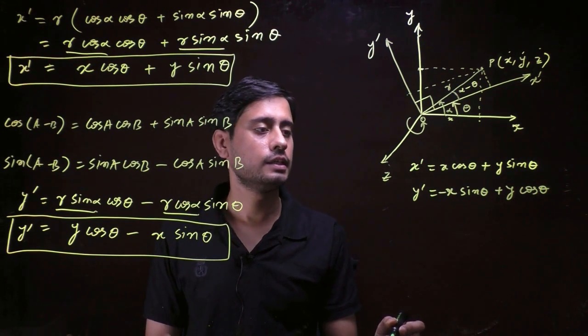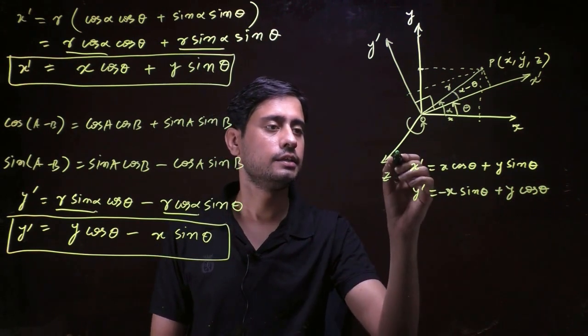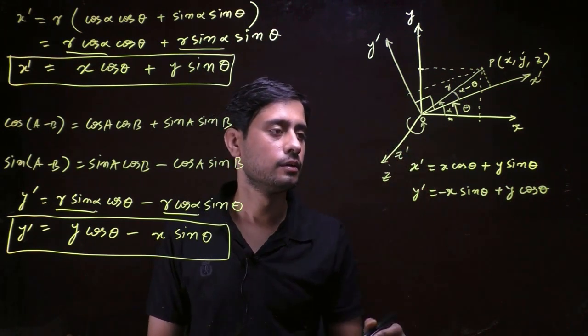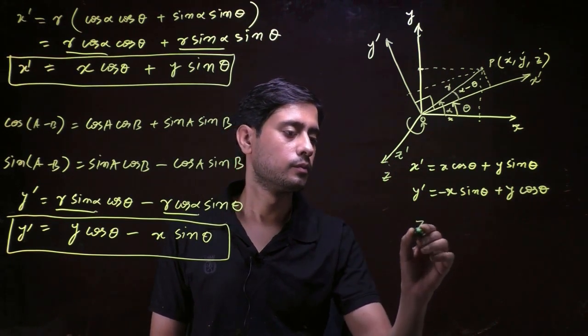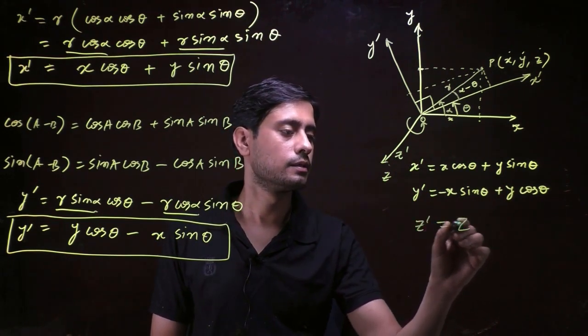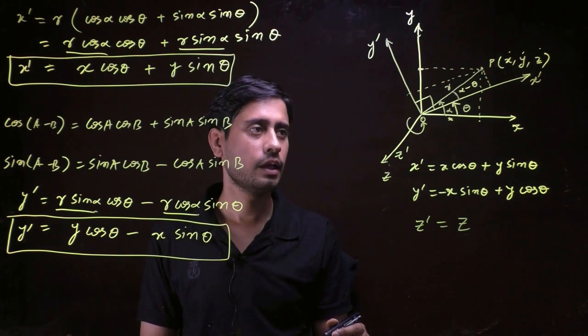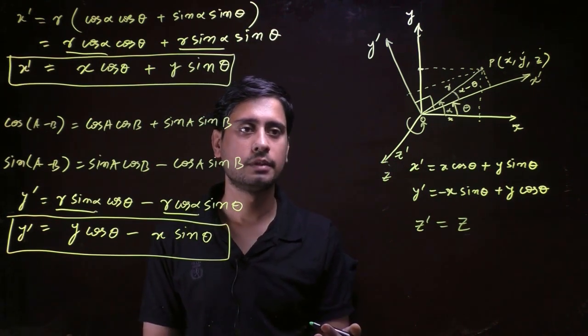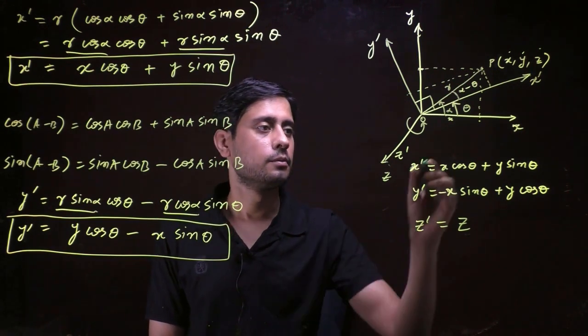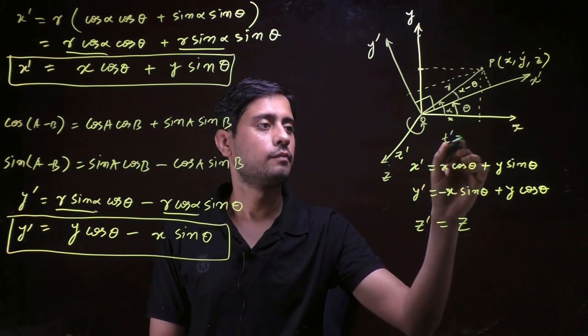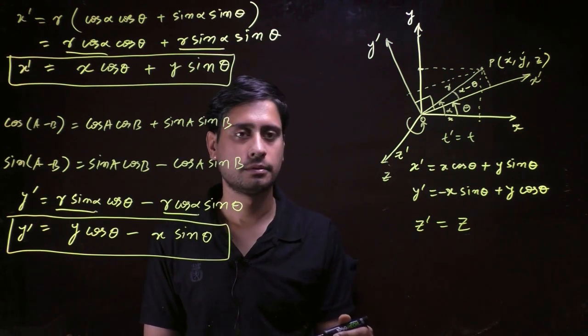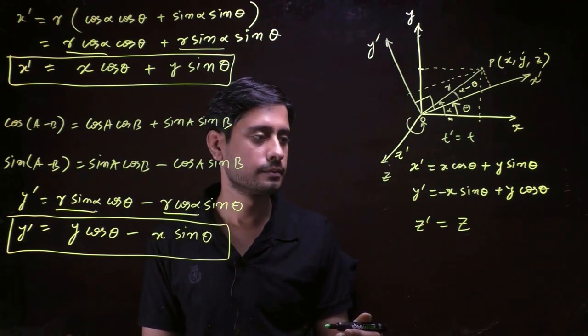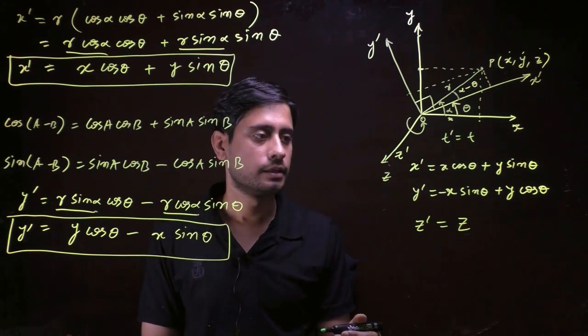And there is no change in the z axis. Z and z prime are the same, so z prime equals z. And in the two coordinate systems, the time elapsed will be the same, so t prime equals t. Time is an absolute thing in Newtonian mechanics.